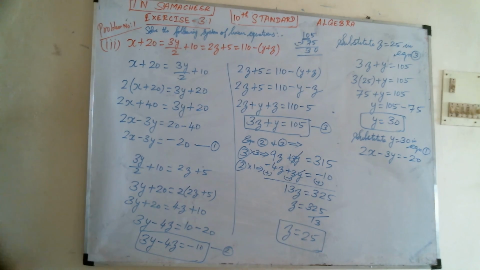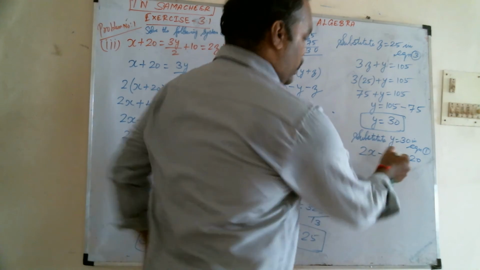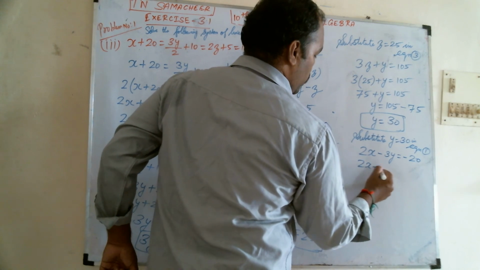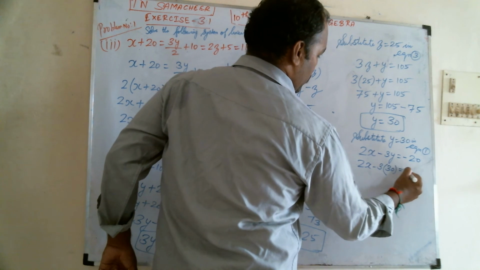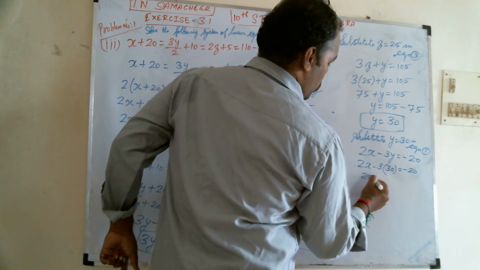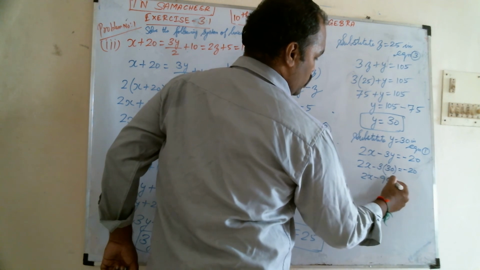This is the first equation. So in this, what do we need to do? Y equal to 30, we need to find 2x minus 3 into y, which is 30. 2x minus 3 into 30 is 3 3s are 9. 3 into 0, 0.